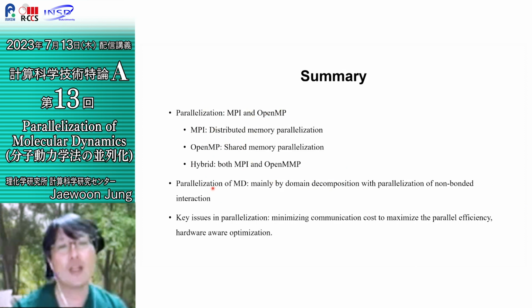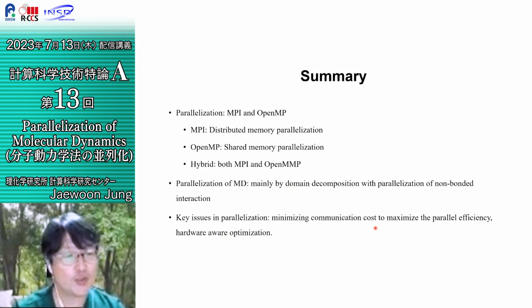In MD, we mainly parallelize by domain decomposition. And please keep in mind that the key issue in parallelization is minimizing the communication costs and also minimizing the computational cost. We also need to consider hardware-aware optimization.